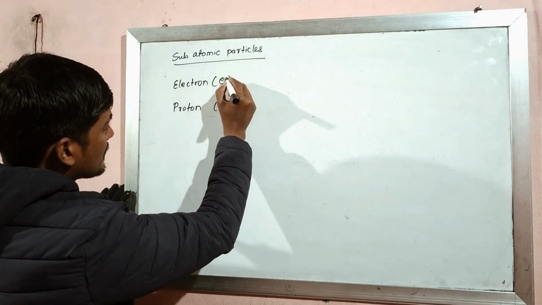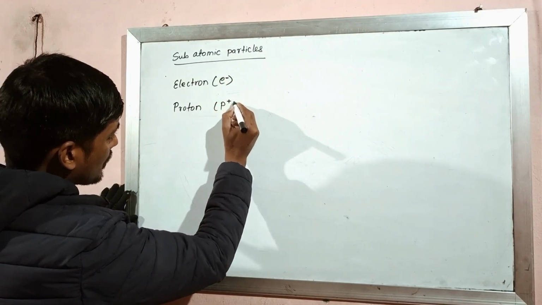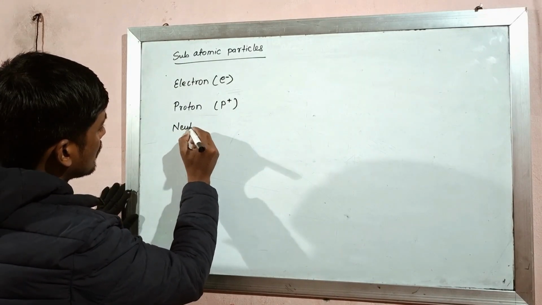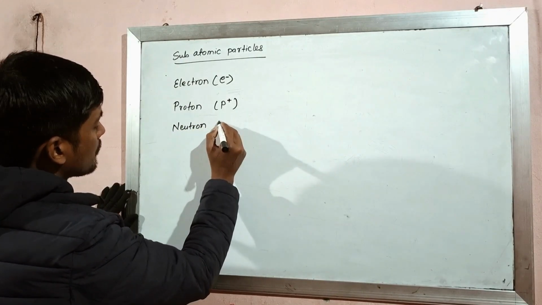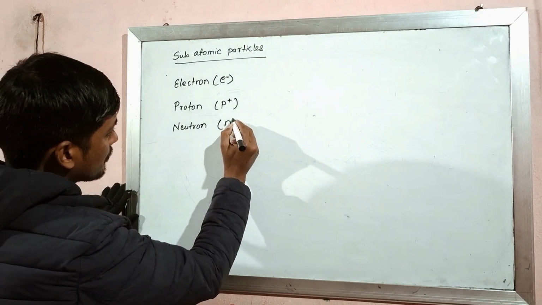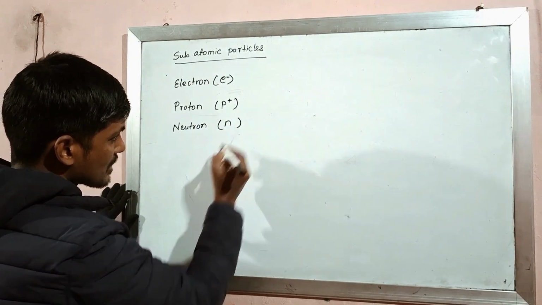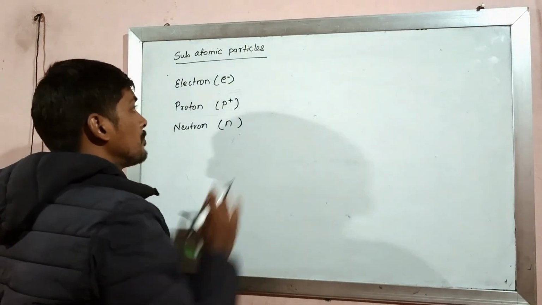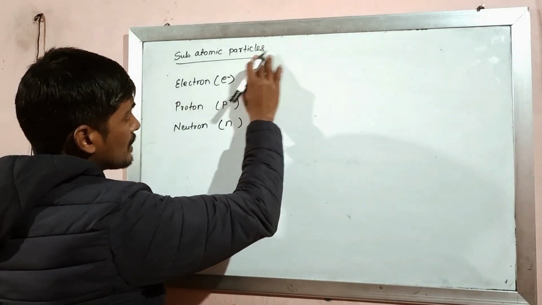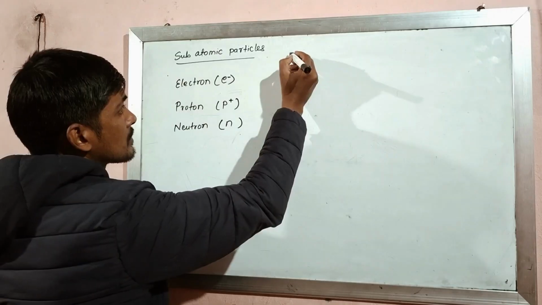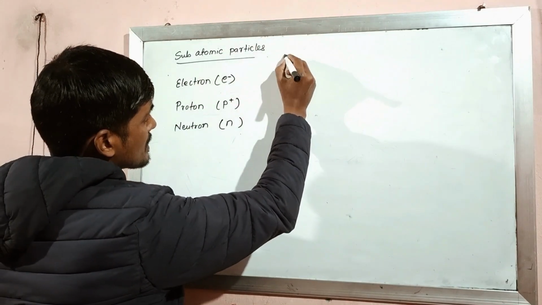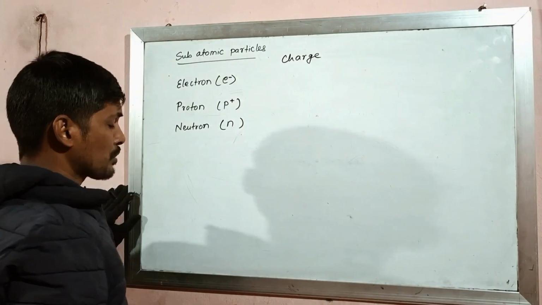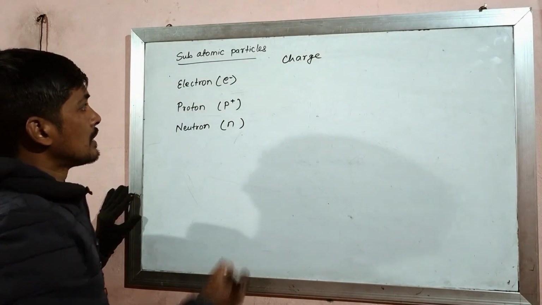Here we can write e to the power minus, p to the power plus, and neutron, n. Since it is chargeless, we can write n to the power 0. Now, what is the charge of this electron, proton and neutron?